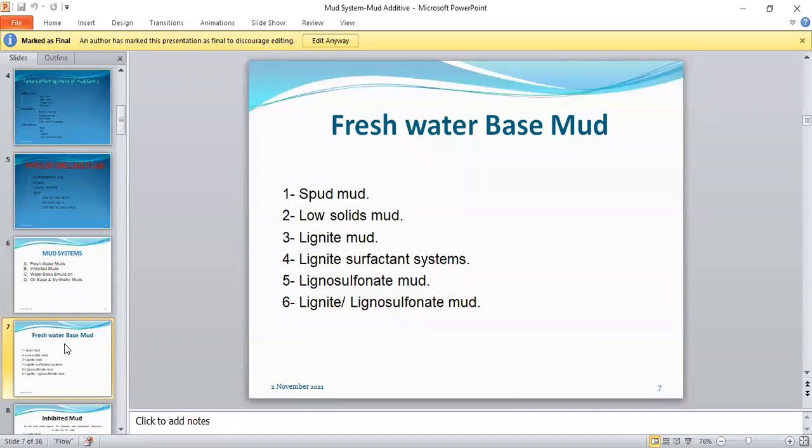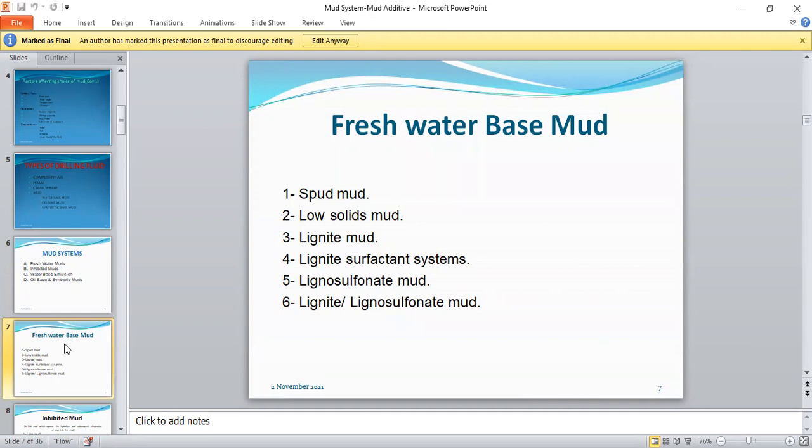Like a soap. Those are lignite surfactants. The surfactants you add to it will help clean the well. You have the lignosulfonate mud system. With time, you get to know all these things. But these are just the basics of some different types of mud.